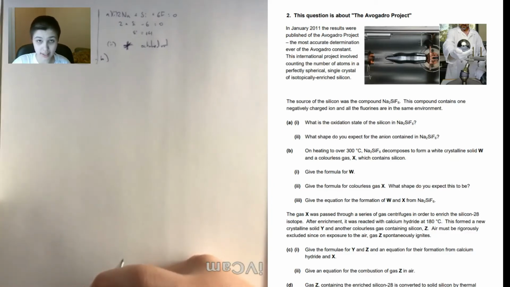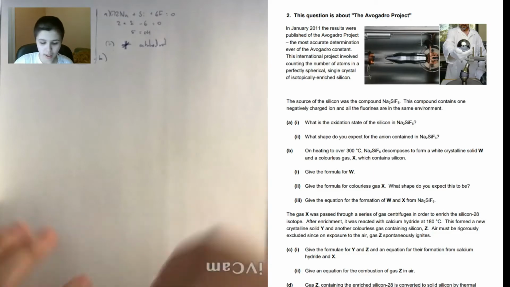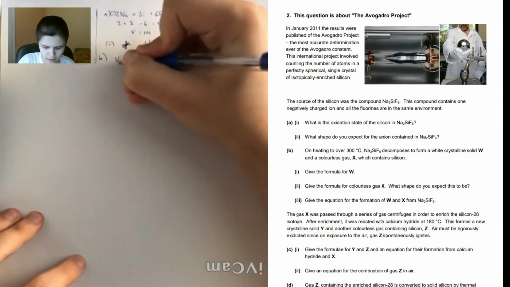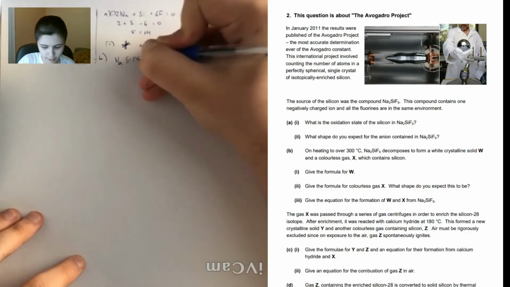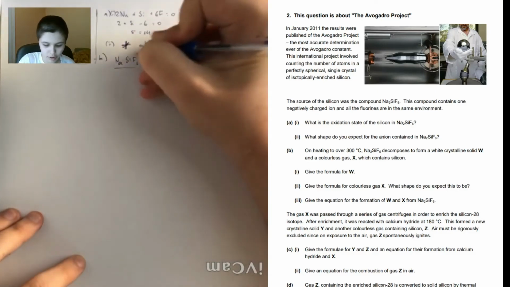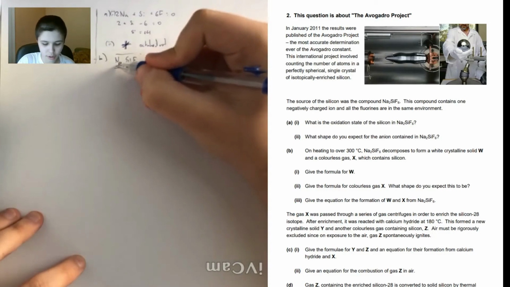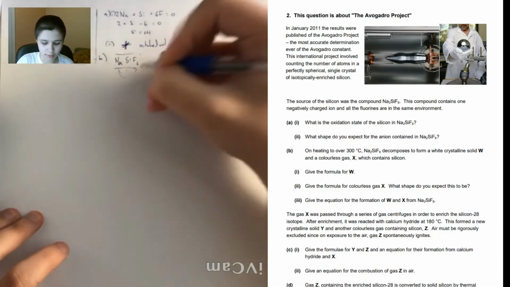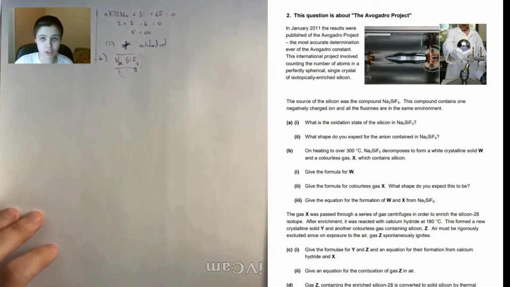For part B, on heating, this decomposes to form a white crystalline solid W and a colourless gas X, which contains silicon. Well, I think that Na2SiF6 is going to, basically, either lose the silicon and a couple of fluorines, or lose a couple of fluorines and not the silicon.